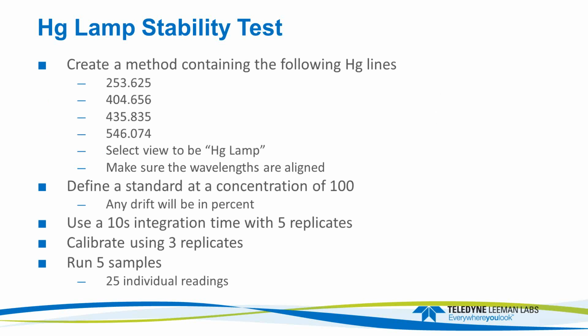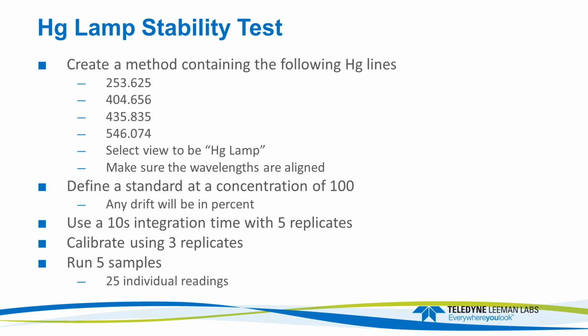The mercury lamp stability test on our systems is a test that we do in manufacturing, and we also do it on installation. The test will be resident in the software, the method that we use. If you have a different system, you can create that.